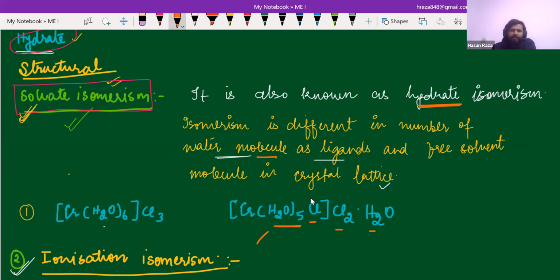Now there will be exchange between this Cl and H2O, and it becomes H2O whole 6. So this is what solvent isomerism is: exchange between water and one of the counter ions. Is that clear? Same chemical formula but different physical properties. Please do write.